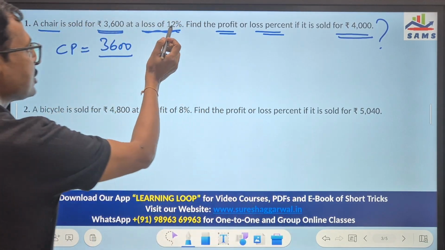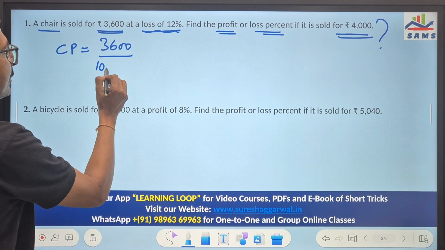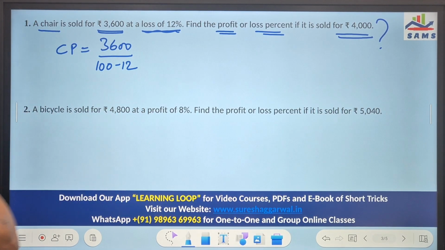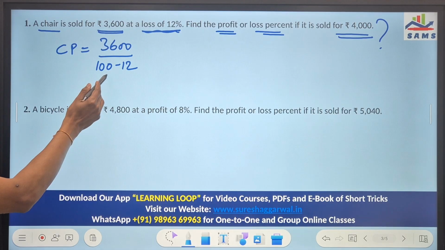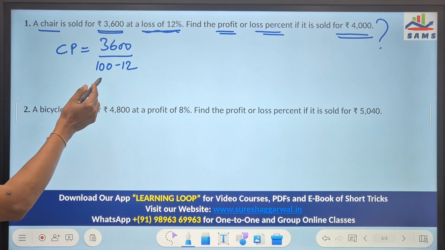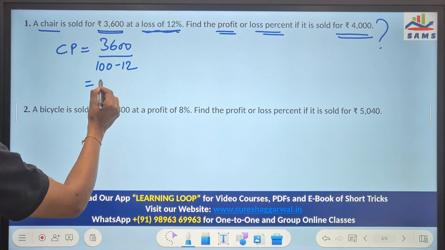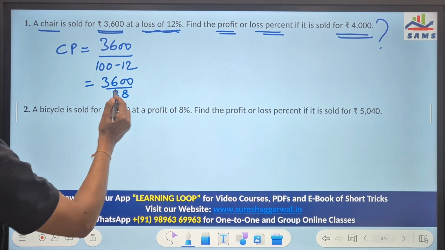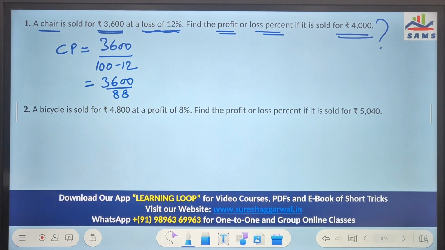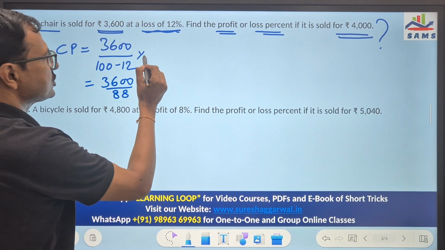So if it is a loss of 12%, I have to do 100 minus 12 in the denominator. Now this will give me 88 here, and for finding the cost price, you will do 3600 upon 88, and obviously you have to do times 100 to get the cost price here.